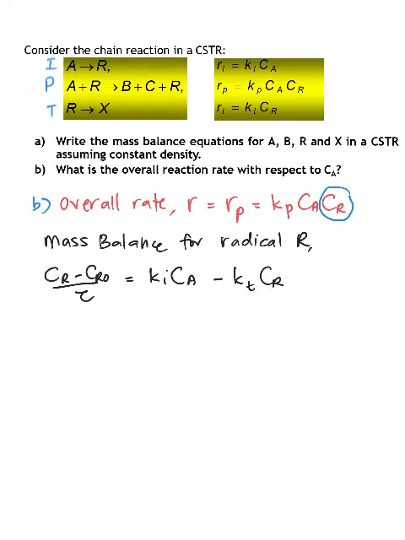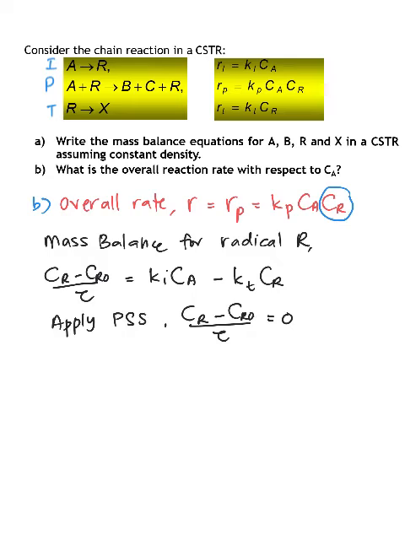So this is the mass balance of the radical species. Then apply the pseudo steady state approximation: CR minus CR naught per tau equals 0.